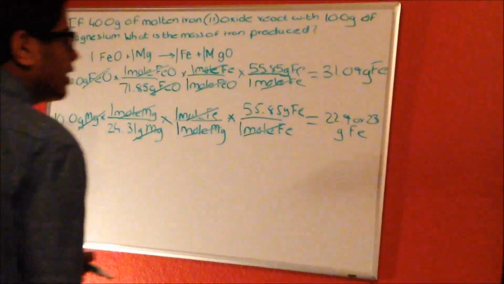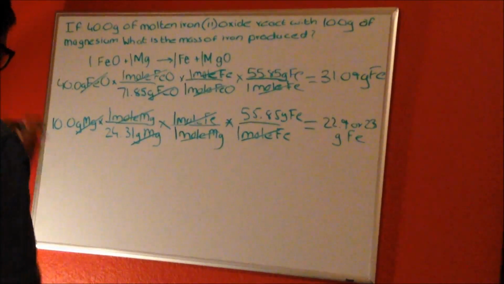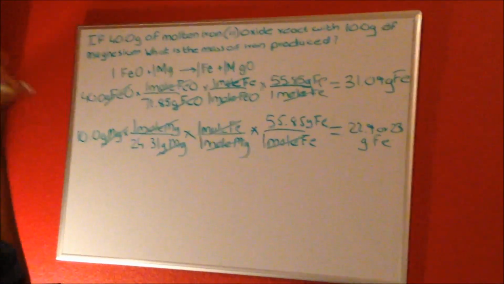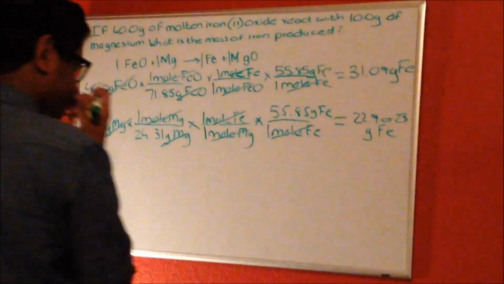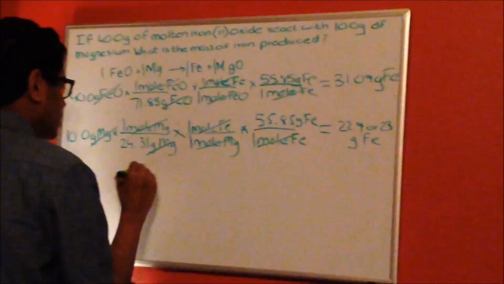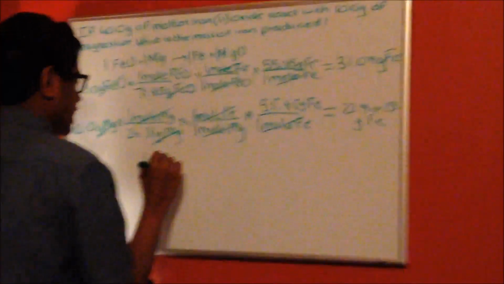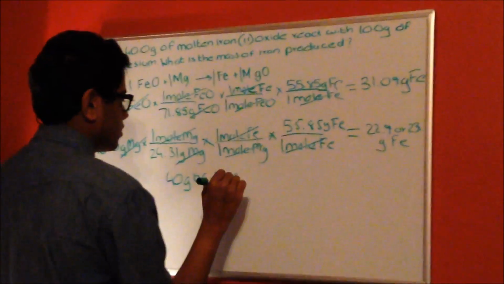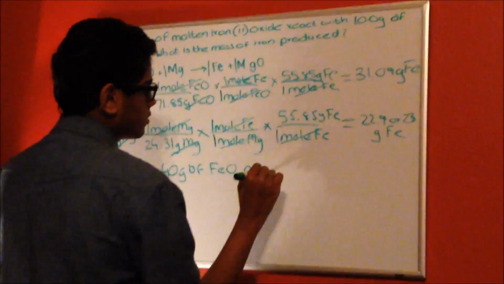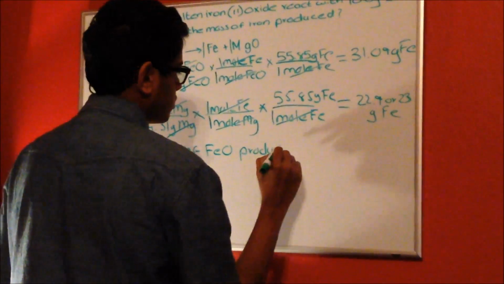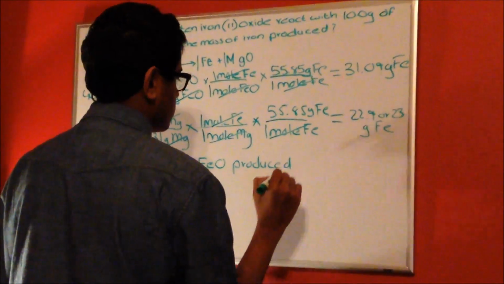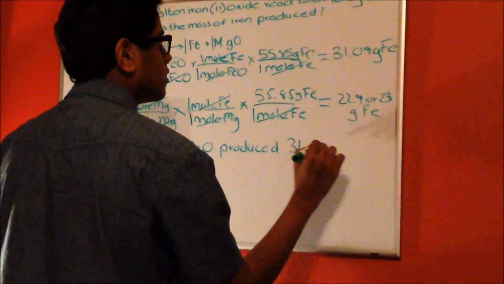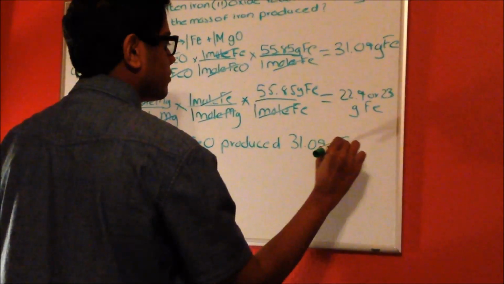Now basically we're done with the problem, but we still have to find the limiting reactant. If you write it out, 40 grams of FeO produced 31.09 grams of iron.